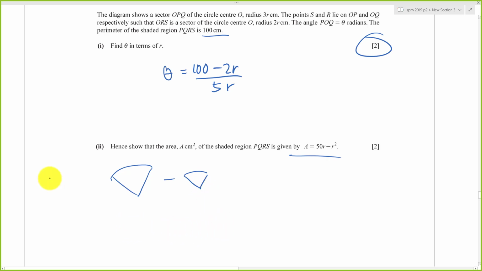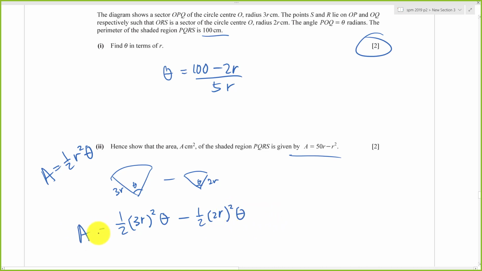The formula for the area of a sector is half R squared theta. The bigger sector has angle theta and radius 3R. The smaller sector has angle theta and radius 2R. So I'm doing half R squared theta minus half R squared theta equals my area of the shaded region.